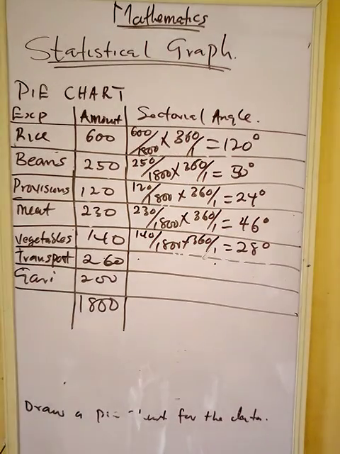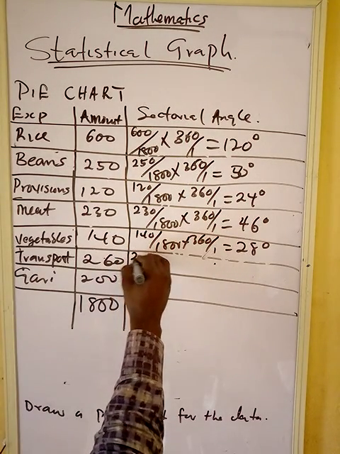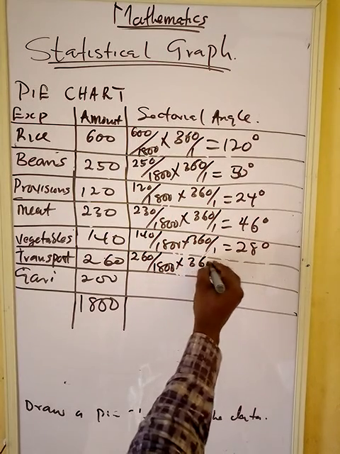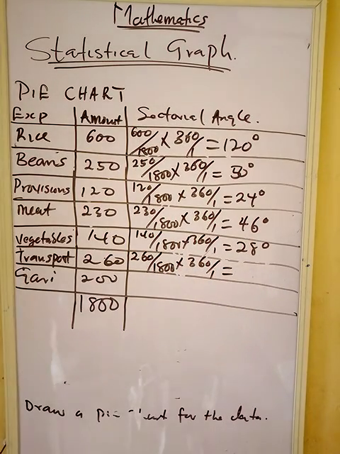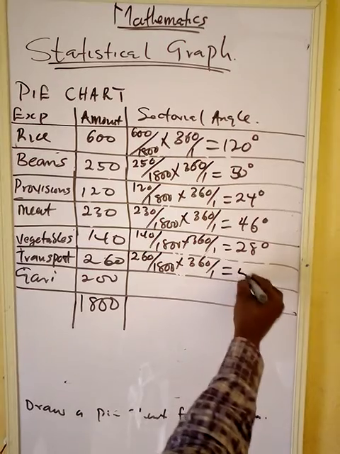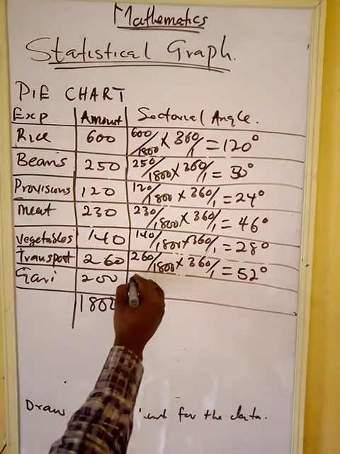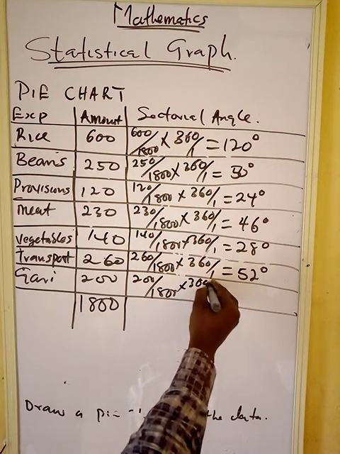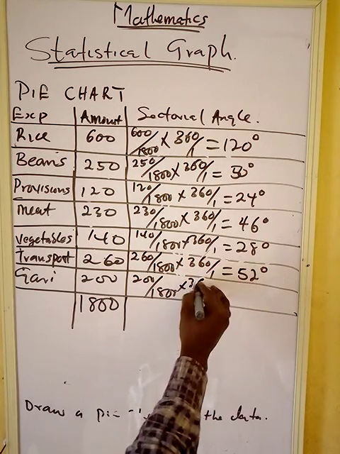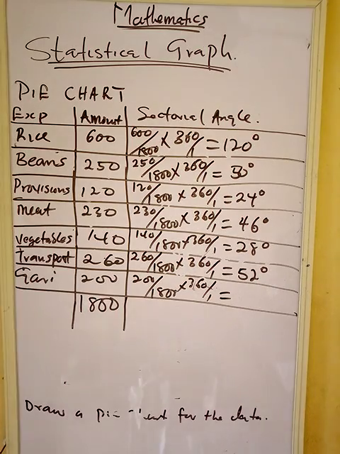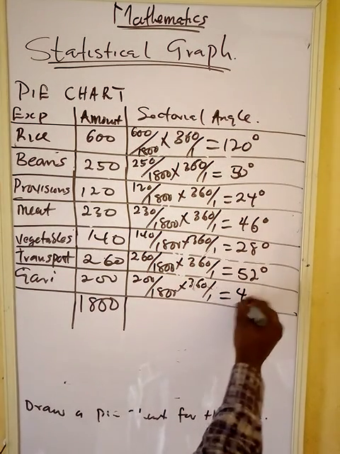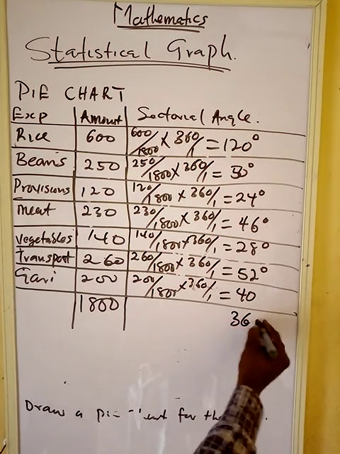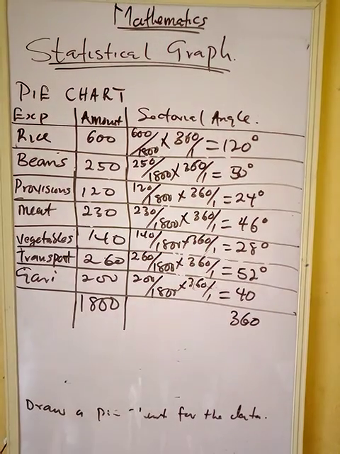And the transport, 260 over 1,800 times 360 over 1, gives us 52 degree. Then 200 over 1,800 times 360 over 1 gives us 40 degree. By the time you add all these together, it will give us 360.